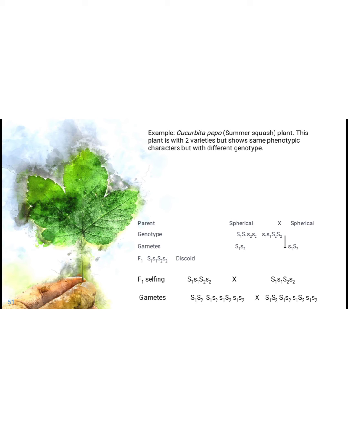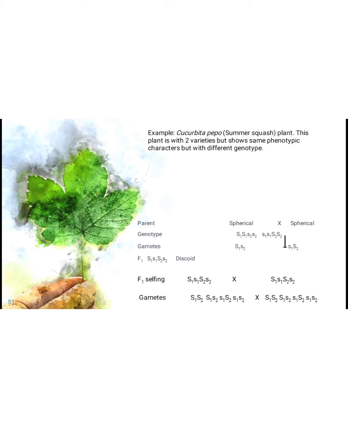That means capital S1 is dominant, and small s1 small s2 are recessive, which also shows the spherical character. In the other variety, the first two genes are recessive, that means small s1, and the capital S2 are dominant, but they show the same trait, spherical in nature.